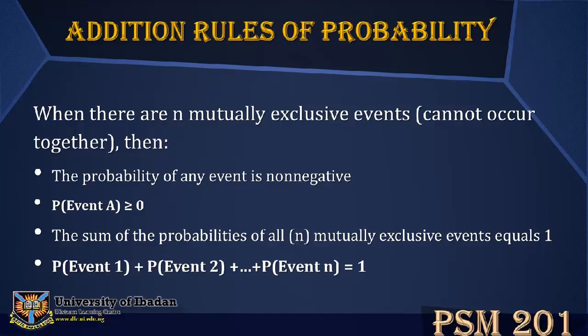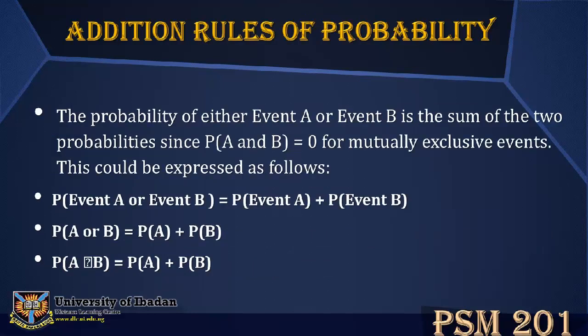The sum of the probabilities of all n mutually exclusive events equals 1: P(event 1) plus P(event 2) plus P(event n) equals 1. The probability of either event A or event B is the sum of the two probabilities, since P(A and B) equals 0 for mutually exclusive events.